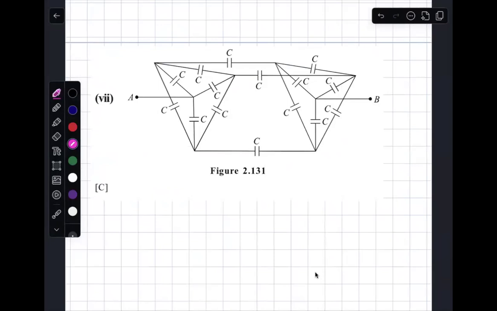For avoiding confusion, I'll label A, B, C. This is also A only. This is also B only. That is also B only. A dash, B dash, C dash.